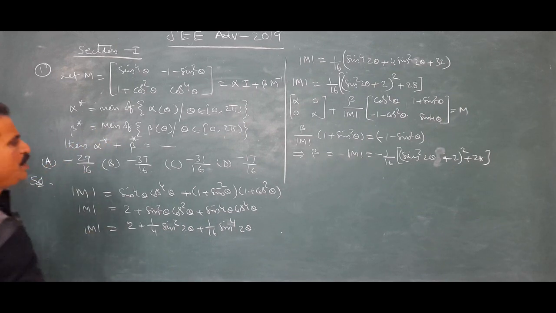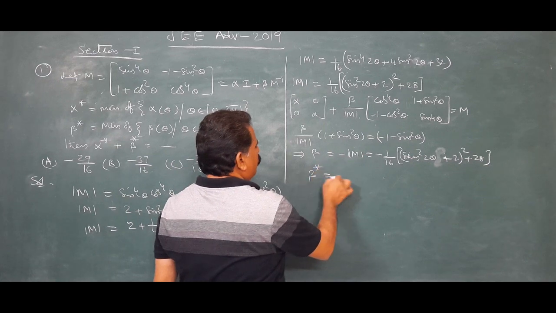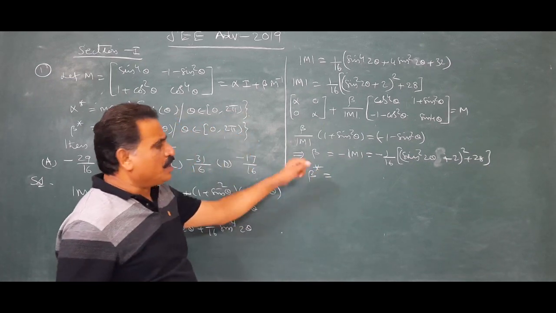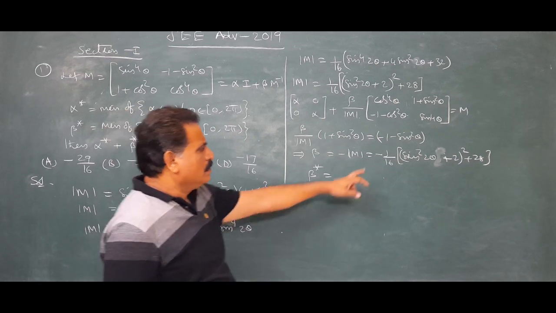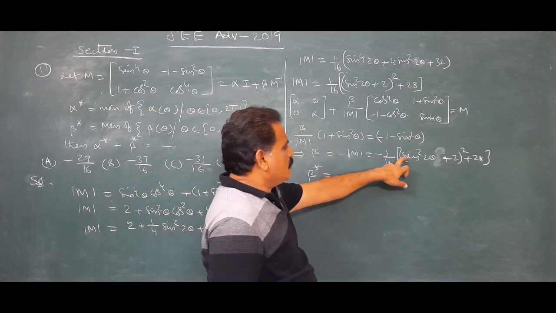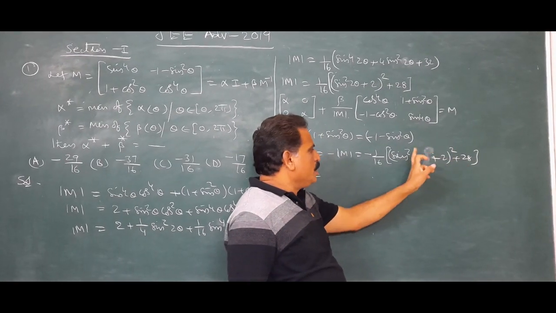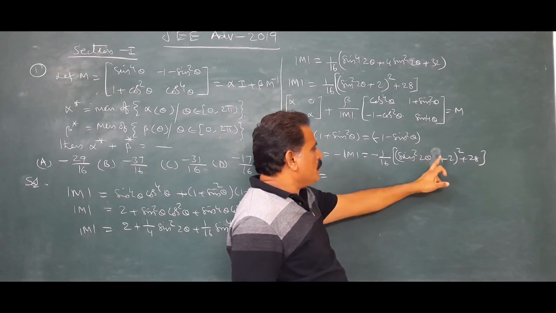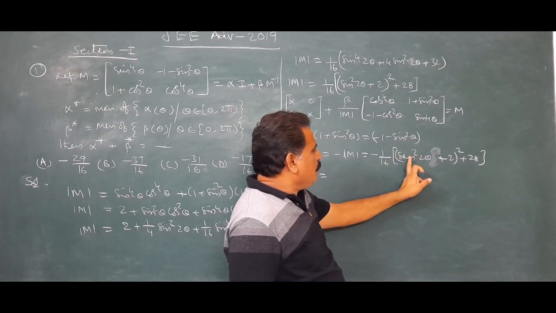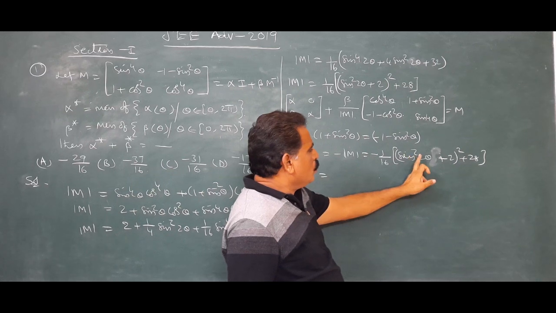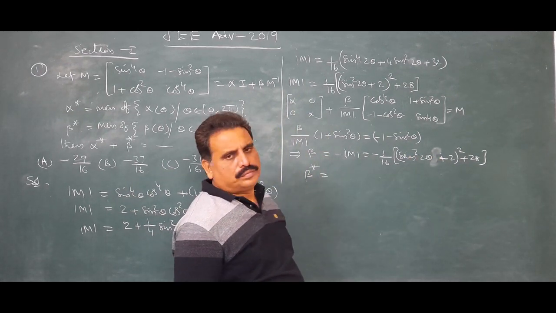We want minimum of that, beta star. Beta star is minimum of beta theta. Minimum of beta is, look here, minus 1 by 16 into (sin square 2 theta plus 2) whole square plus 28. Minimum of sin square 2 theta plus 2 is always greater than or equal to 2.